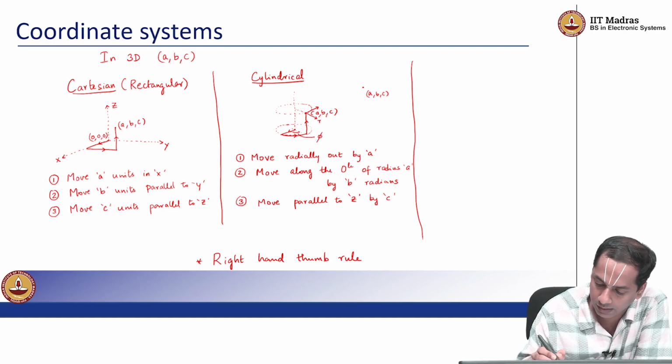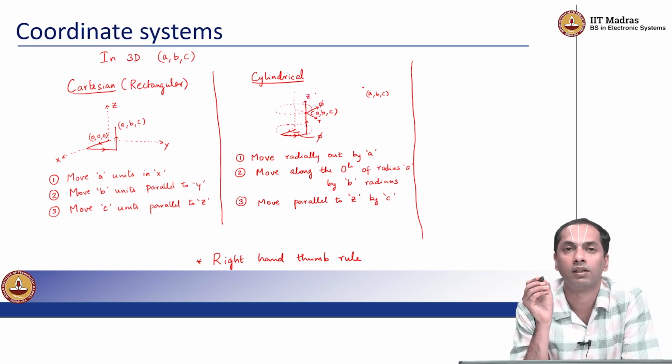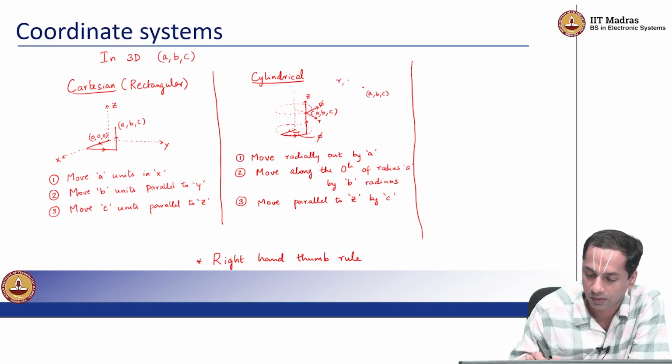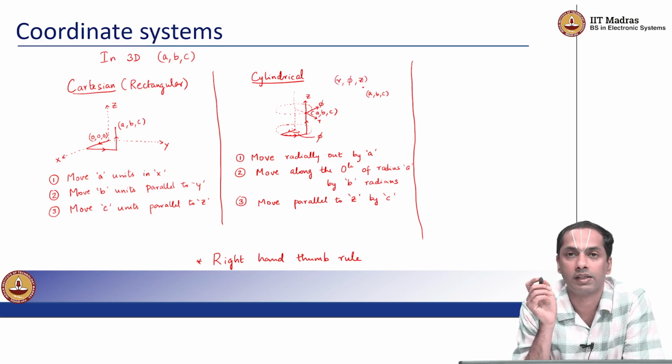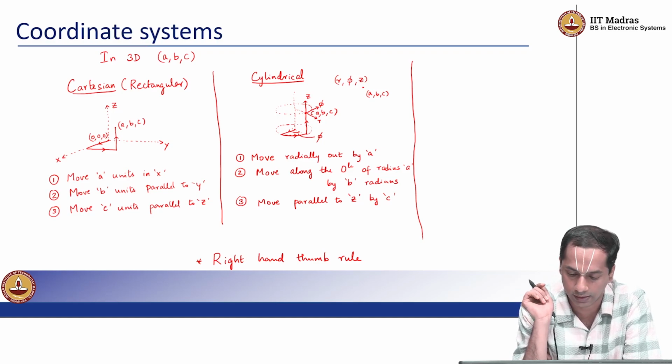So we can say this is R, phi, and we have Z, right? So you can also see that R, phi, and Z in this order. These directions again follow the right hand thumb rule, right? So the order is R, then followed by the angle phi, and then the height Z, right?